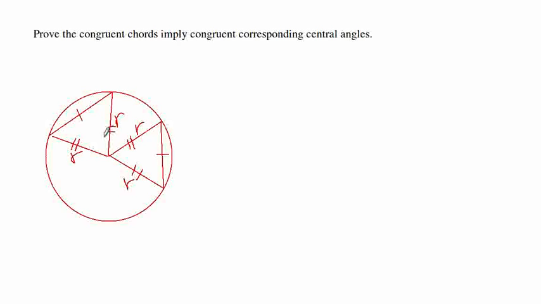And then we can show that those two isosceles triangles are congruent by using the SSS theorem. That says that if three pairs of corresponding sides are congruent, then the triangles are congruent.